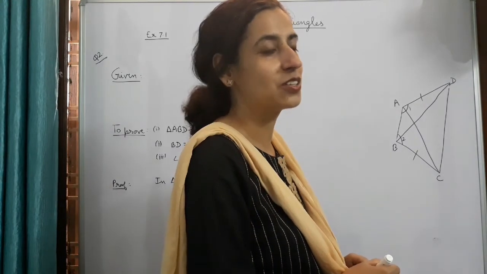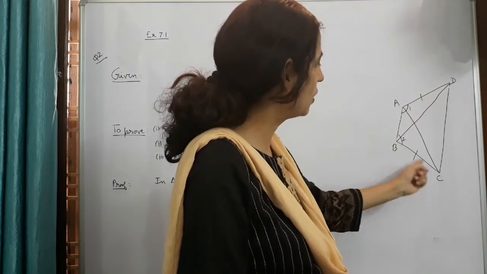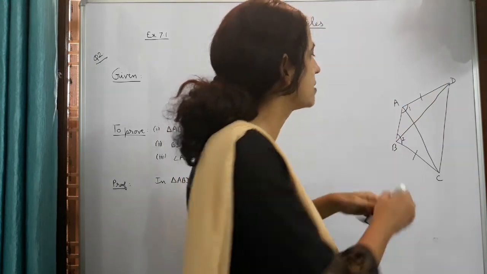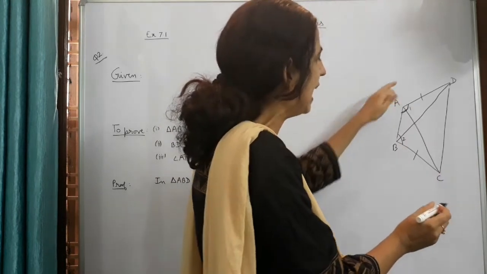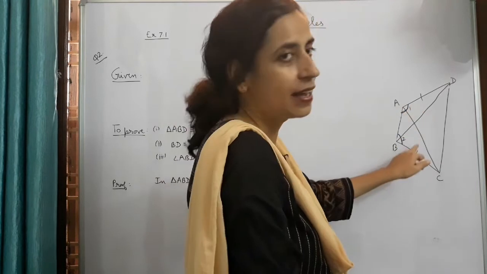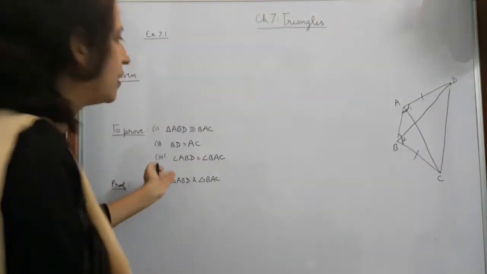In this question, it is given to us that AD is equal to BC, angle DAB, that is this angle, is equal to angle CBA, that is this angle. So I have named it as angle 1 and angle 2. And then we have to prove these three things.